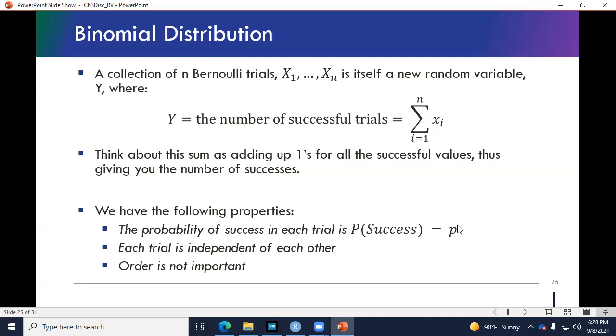Each trial is independent of each other. So you flip a coin, and the next flip will not be affected by the first one. They are independent of each other, and the order is not important for binomial distributions. It captures the number of successes out of n Bernoulli trials.